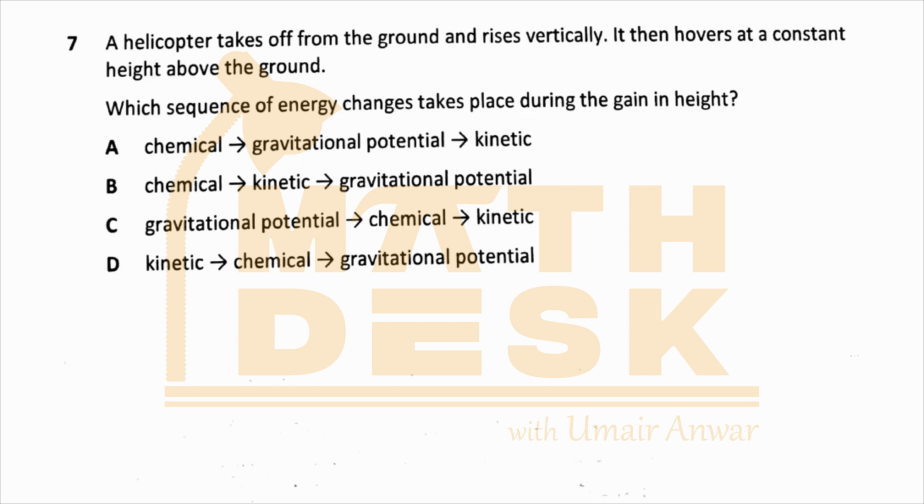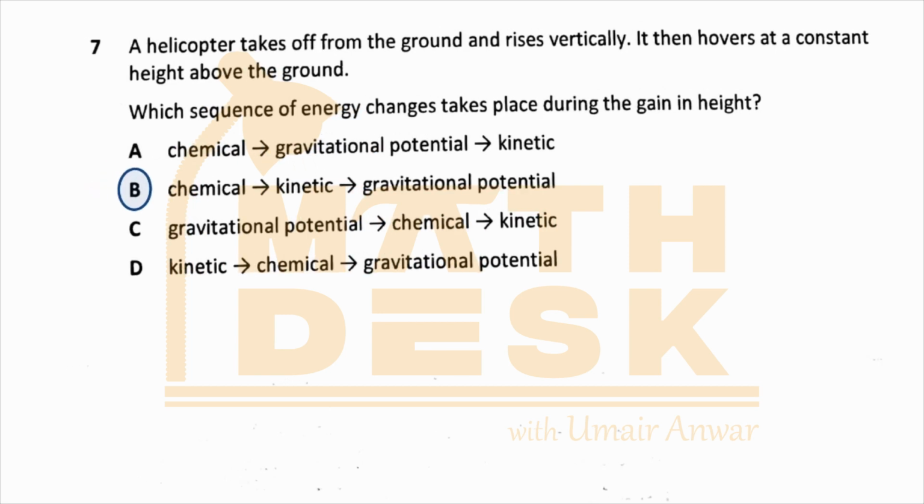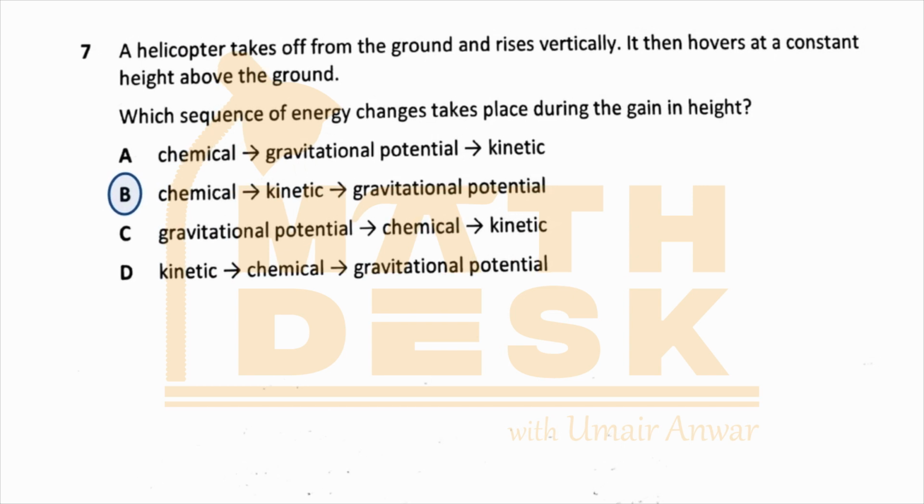So firstly, the chemical energy from the fuel would be converted into the kinetic energy of the helicopter, and when it starts moving it gains kinetic energy because it is gaining height. So this is the correct option for this part, where initially the chemical energy would be converted into the kinetic energy of the helicopter, and then when it starts moving and gaining height, this energy would be converted into the gravitational potential energy of the helicopter.